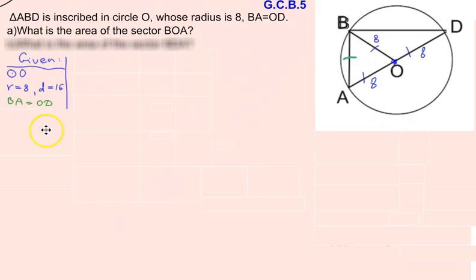We will continue reading the question and identify that the given is over, and what's to find is an area of a sector BOA. It's important to identify that sector. Please recognize that it's now marked with purple dots.